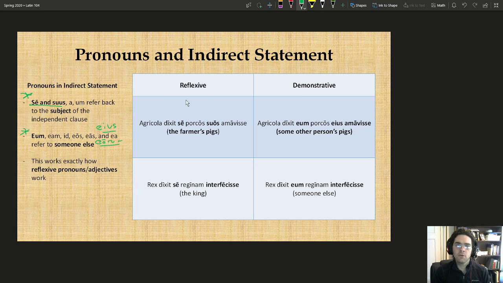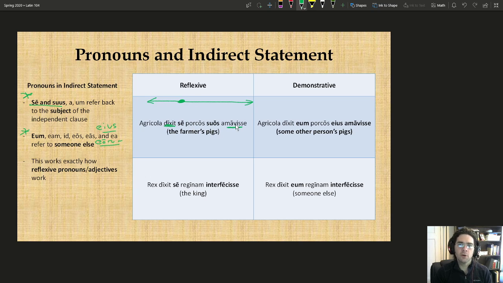So we'll look at the reflexive one first. So the idea here is that the farmer, he said something. So if we look back, I'll just draw a little arrow real quick just to re-emphasize the relativity of the action. We have dixit, which is at some point in the past. We also have amavisse, so he loved.